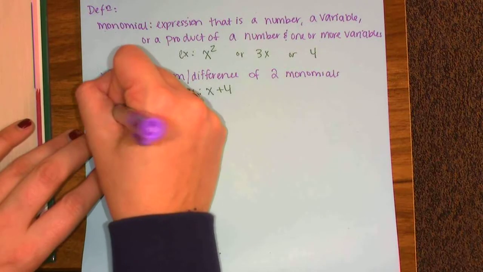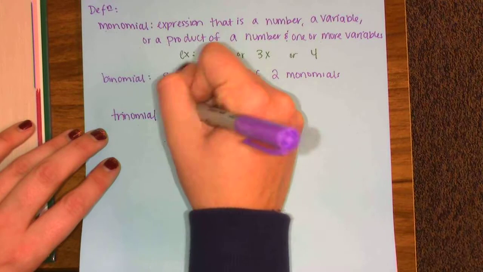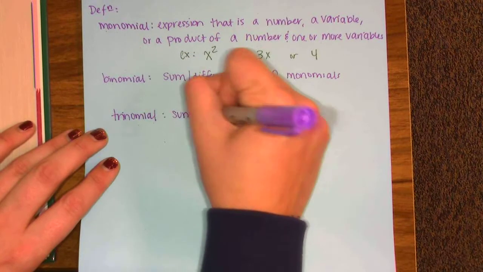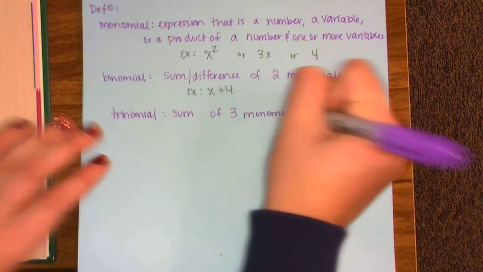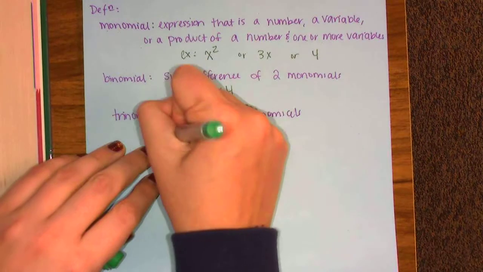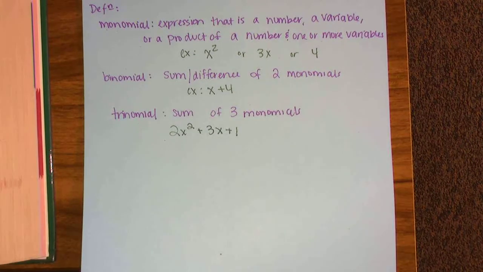And then a trinomial is the sum or difference of 3 monomials. So something like 2x squared plus 3x plus 1. Something like that would be an example.